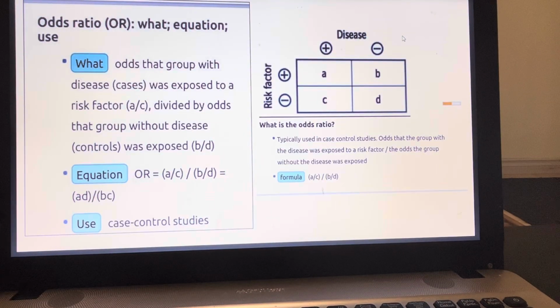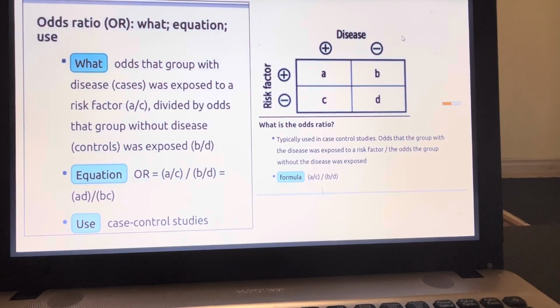Now we have odds ratio. First of all, it is for the case control. How are we going to measure this one? Just like we did true positive and false negative, we can draw the table.